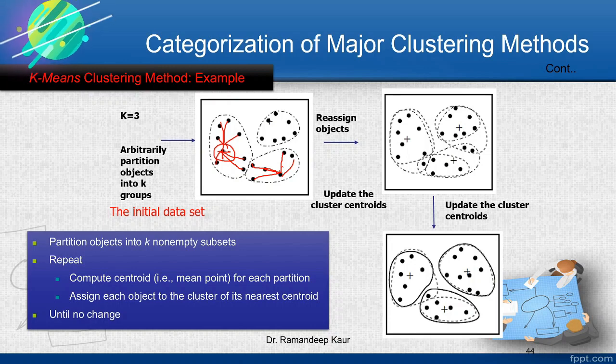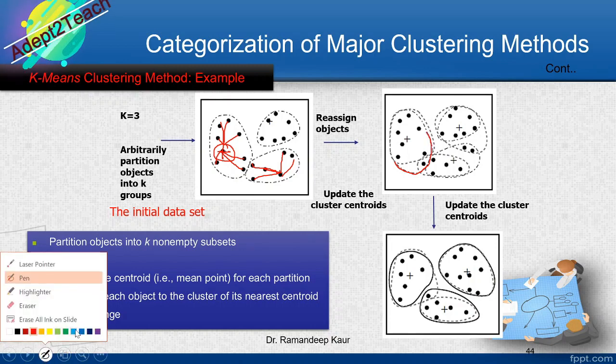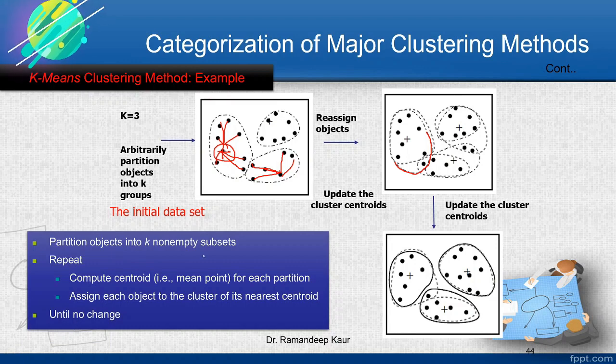Once this rearranging is done, our mean is going to change again, because when the number and values of items change, the mean value changes. Now if you see this diagram, this outer layer was the original partition. When the clustering changed and the distance was calculated, the new size of the cluster became this.